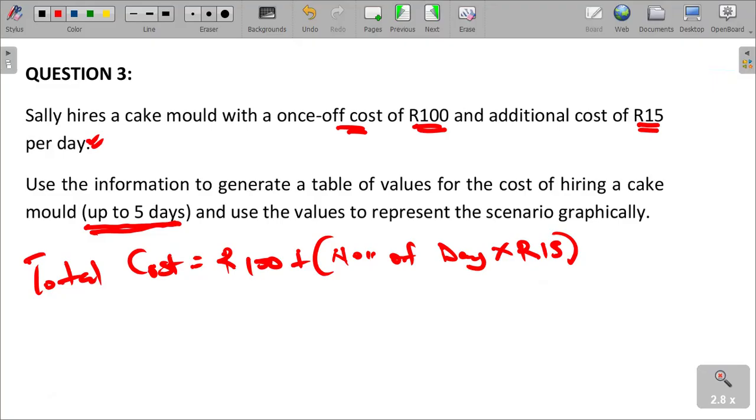So that is where the table is generated from. You are generating a table for the total cost of hiring the cake mod for 5 days, which is the number of days and then the total cost.